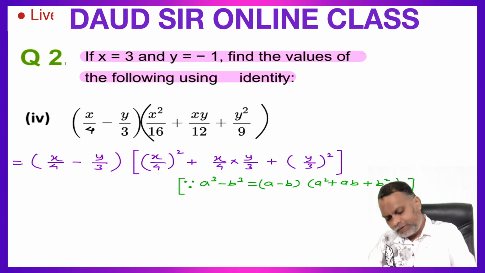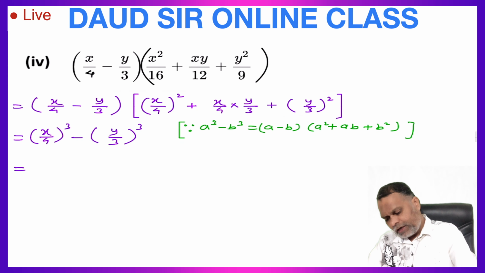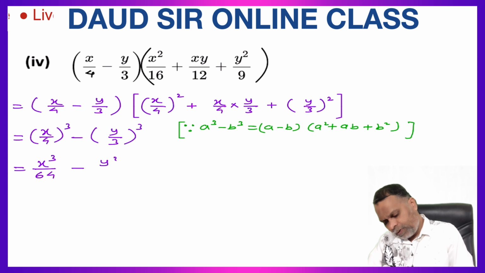So we can write (x/4)³ - (y/3)³. Simplify this: x³/64, since 4 fours are 16 and 4 sixteens are 64, minus y³/27, since 3 threes are 9 and 3 nines are 27.